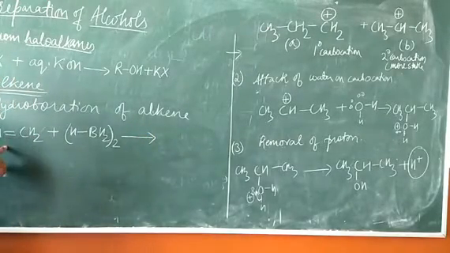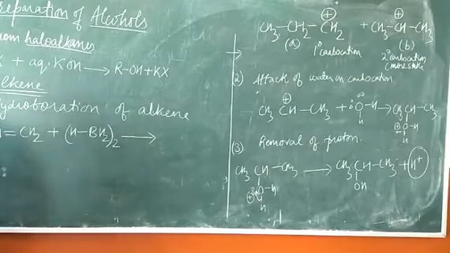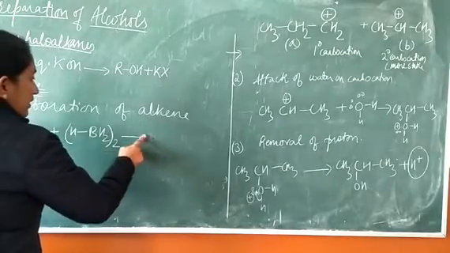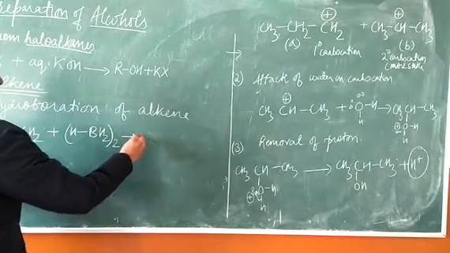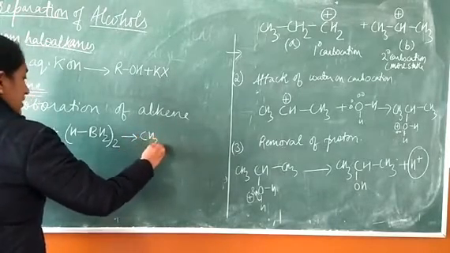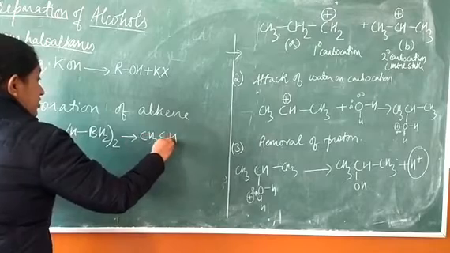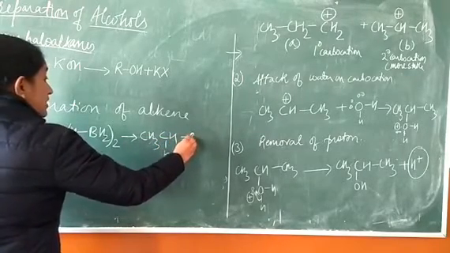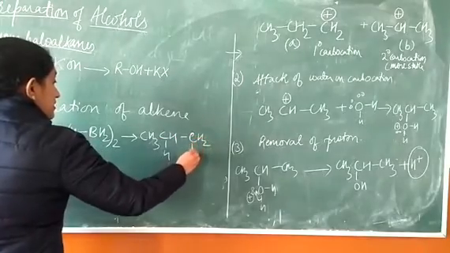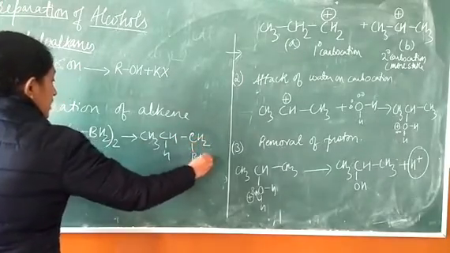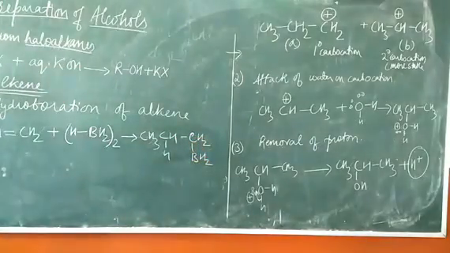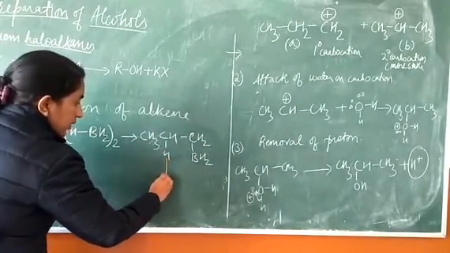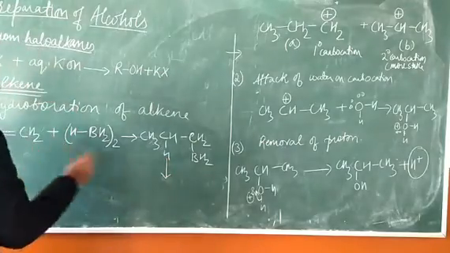So here the product which will get formed, we will get a number of steps here, student. So the first step will be CH3, CH, this is H here, single bond, CH2, and this is BH2, right? So we have got alkyl borane.